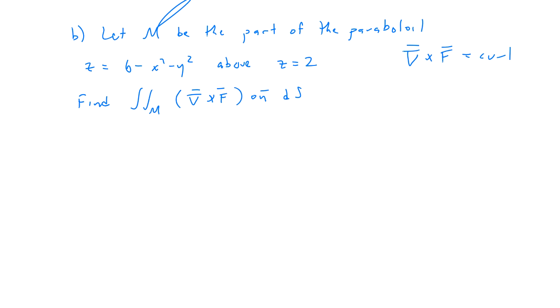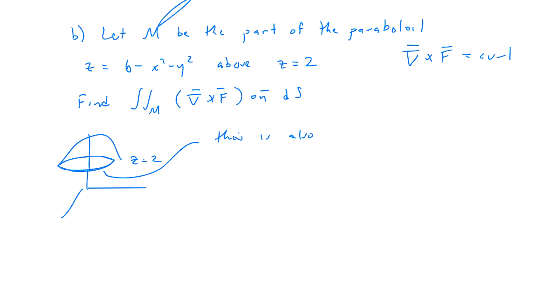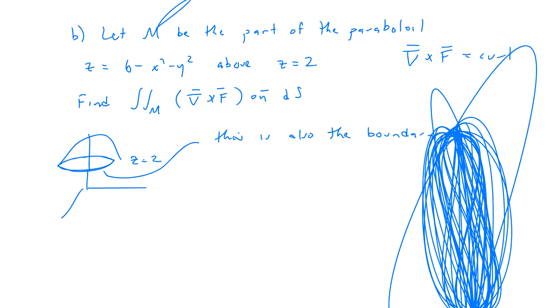And what Stokes' theorem gives us, if I try drawing this, there's the paraboloid, up through z equals 2. And I can see that this is the boundary. But notice the boundary, this is also the boundary. Oh, that went well.